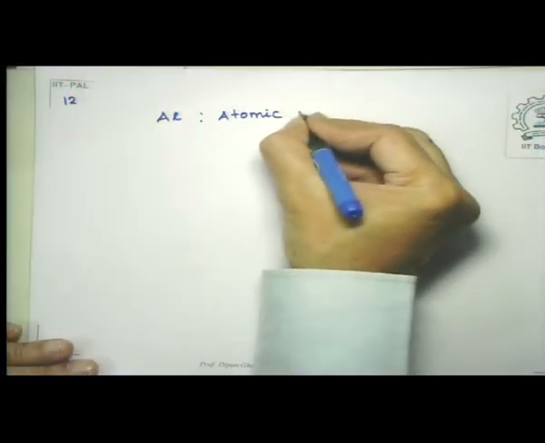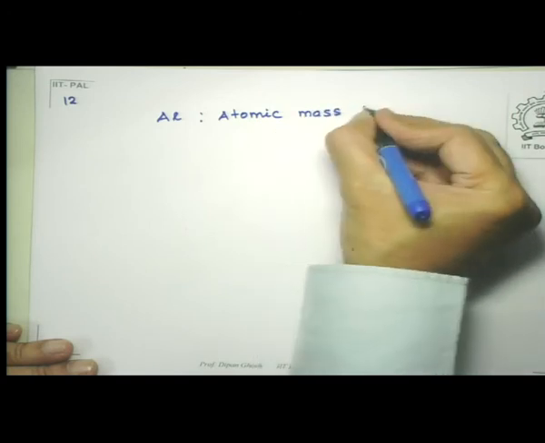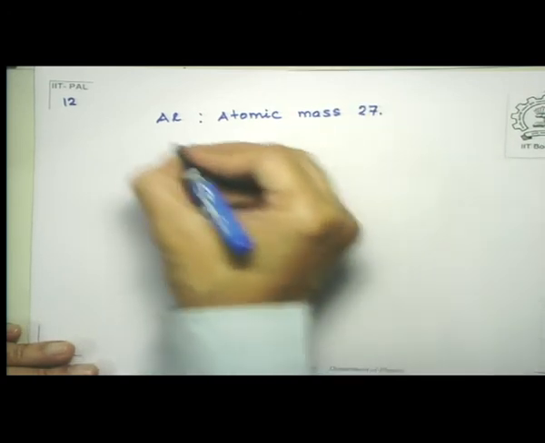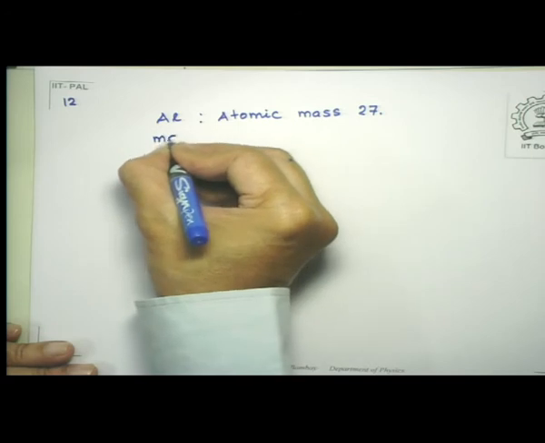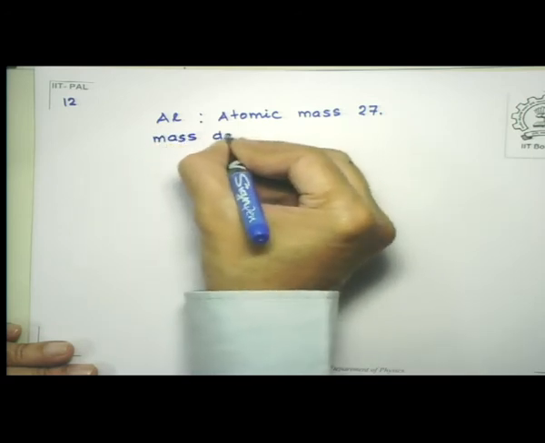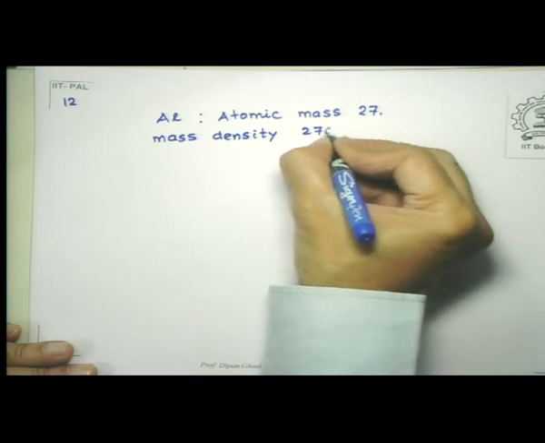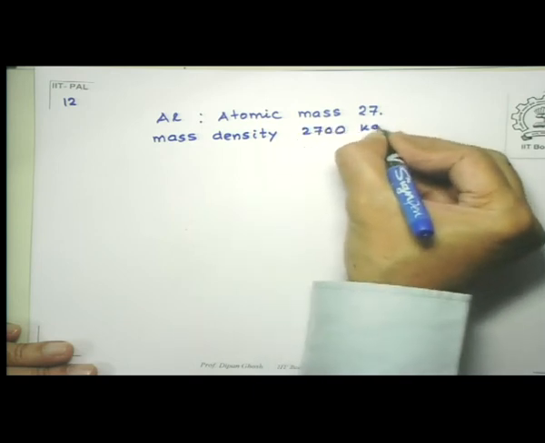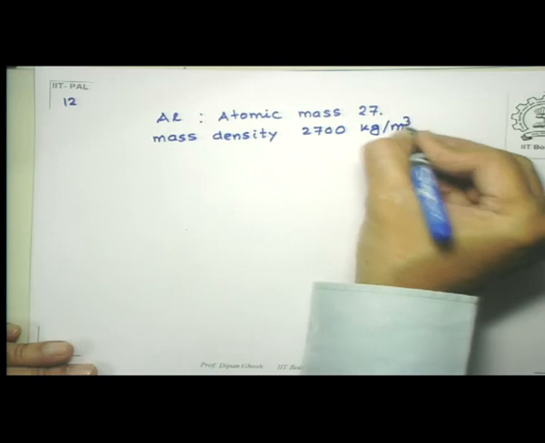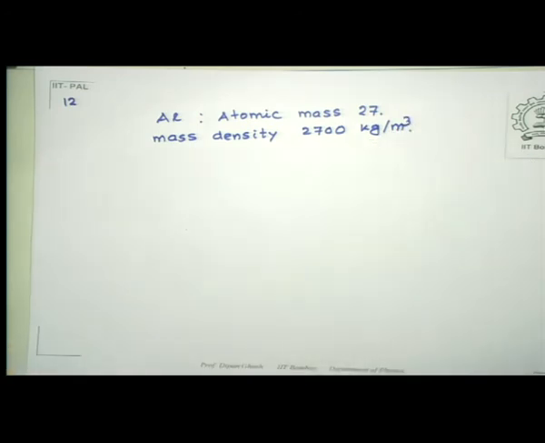Returning to properties of aluminum, aluminum has an atomic mass of 27, and it has a mass density of about 2700. This makes our calculations a little easier. We do the same calculation as we did in case of copper.